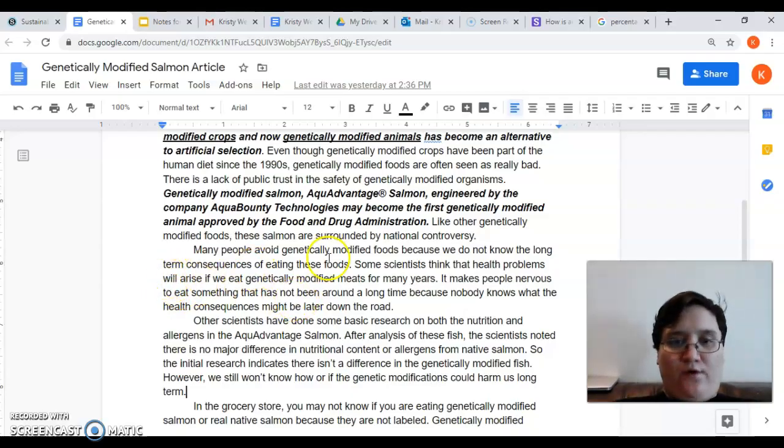So many people avoid genetically modified food because we don't know the long-term consequences. Some scientists think that health problems will arise if we eat genetically modified meat for many, many years. It makes people nervous to eat something that has not been around a long time because nobody knows what the health consequences might be later down the road.